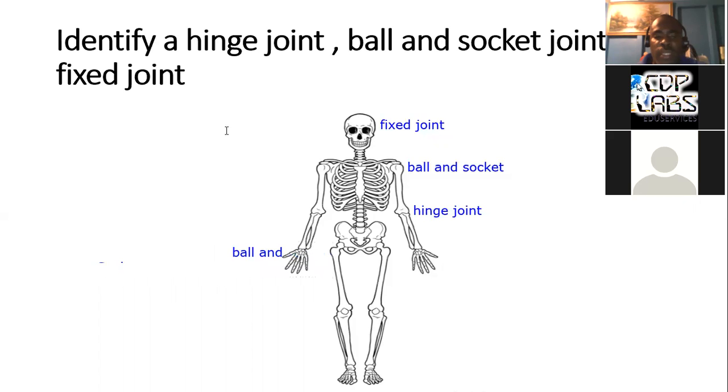Wait, hold on there. Let me fix this up. All right, this is the ball and socket joint right here. Good.